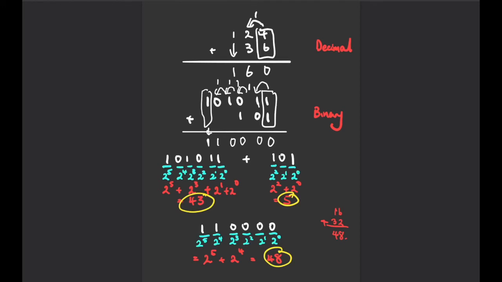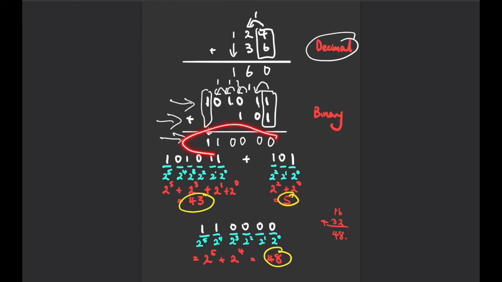As you may have noticed, this sort of addition is very similar to the decimal addition. And just to confirm our results, let's convert all of these numbers into decimals and see if the addition results match up. 101011, when converted into decimal, turns into 43. 101, when converted into decimal, turns into 5.